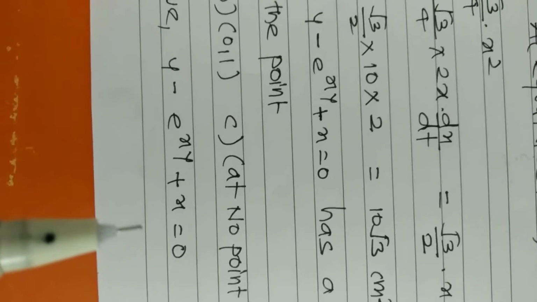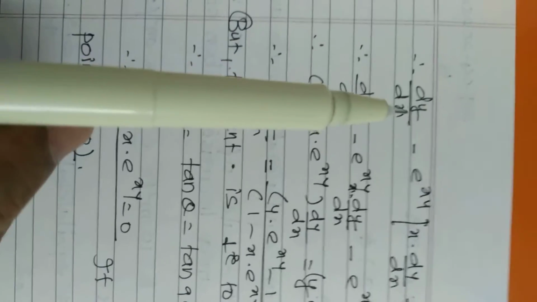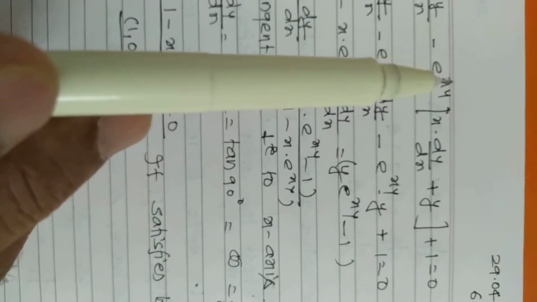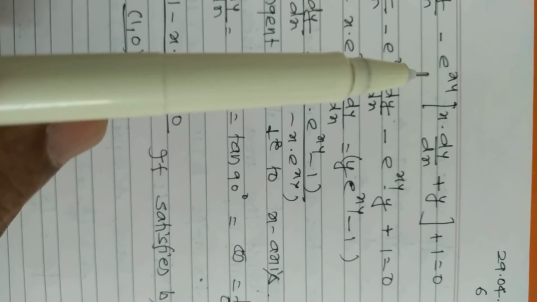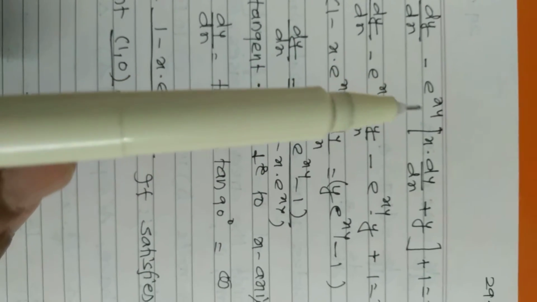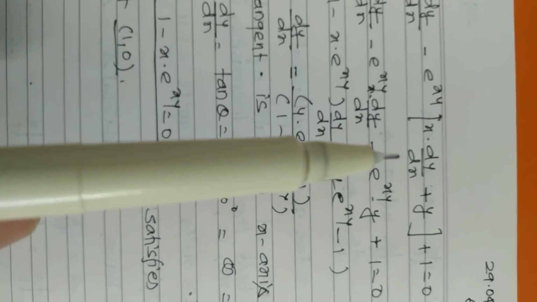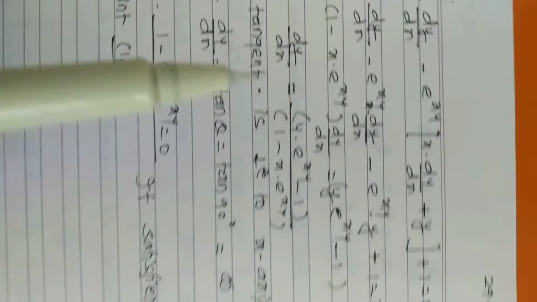This is an implicit function, so we can differentiate with respect to x. dy/dx minus e^(xy), because the derivative of e^f(x) is e^f(x) into the derivative of f(x). So e^(xy) into the derivative of xy, which is x into dy/dx plus y, plus 1 equals 0.